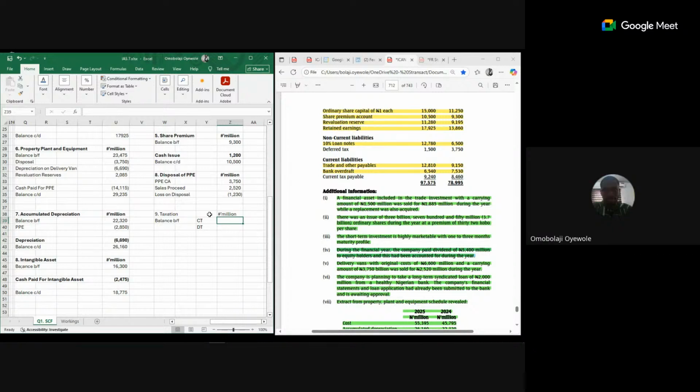So the opening balance for current tax is how much? 8,460. Opening balance for deferred tax is how much? 3,750. Now let's go for the closing balance for current tax and deferred tax. Closing balance for current tax is 9,240. Closing balance for deferred tax is 15.